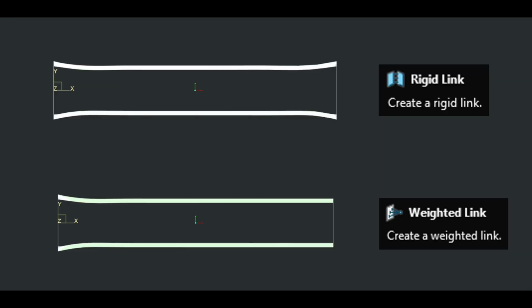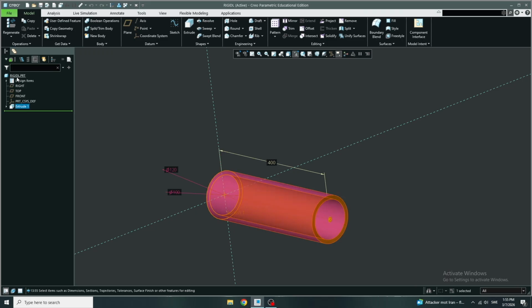By simulating with both connections, rigid link and weighted link, I'm going to clearly illustrate the difference between the two. So let's get started. Okay, so here we have our cylinder and the dimensions.